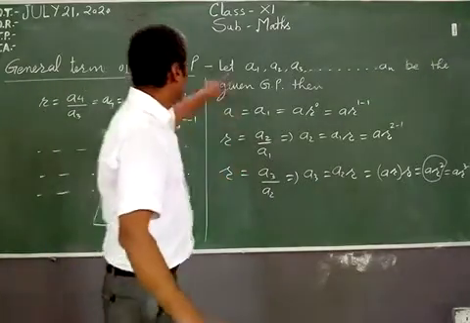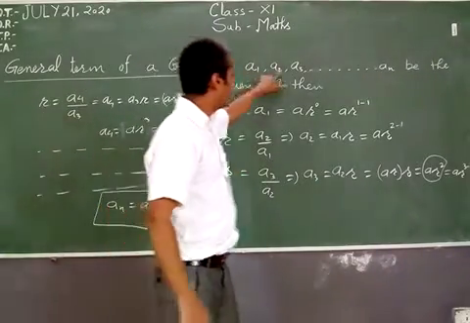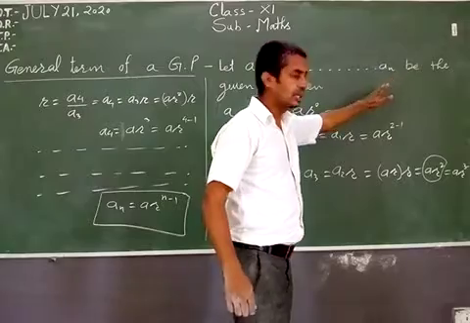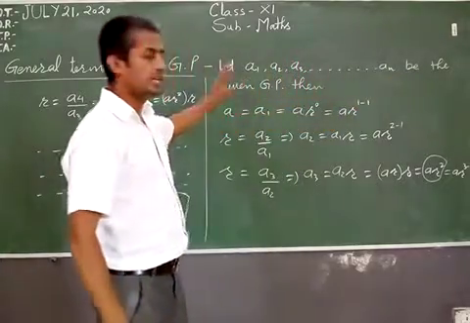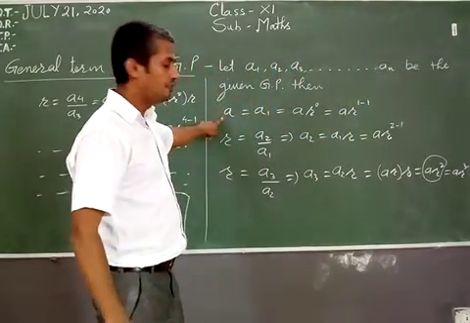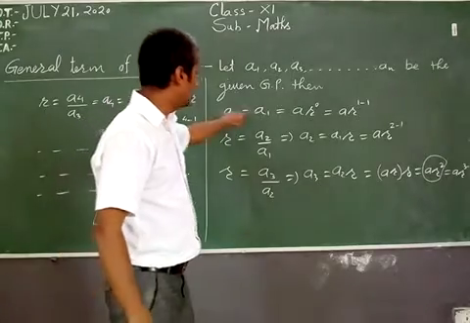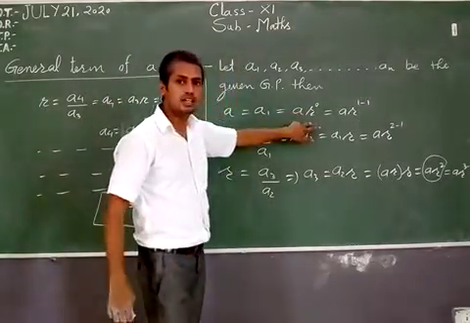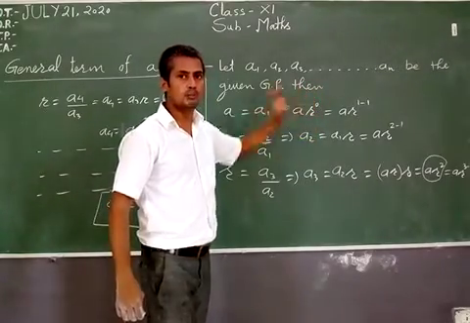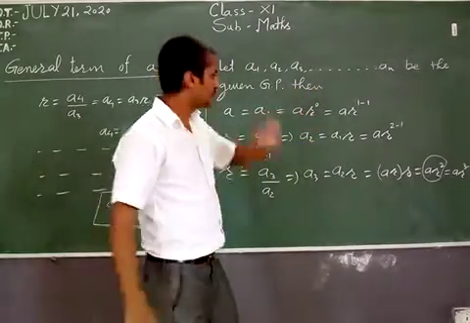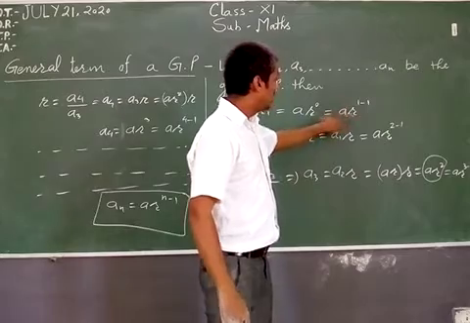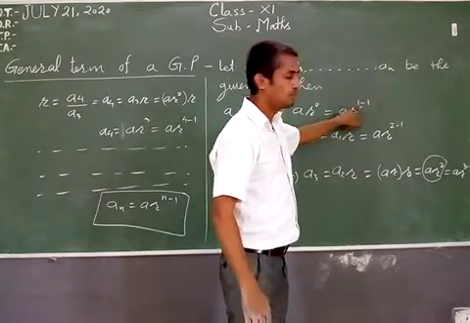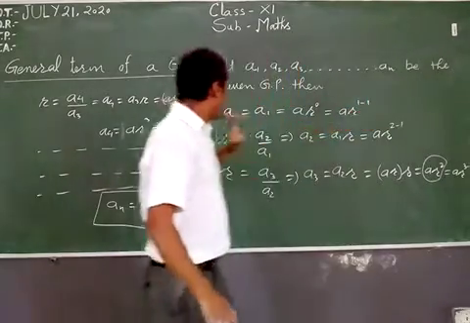Listen again. Let A1, A2, A3 up to An be the given GP. Then the first term of the given GP equals A1, and A1 equals A. We can write here R power 0, and the value of R power 0 is 1. R power 0 we can write as R power 1 minus 1.